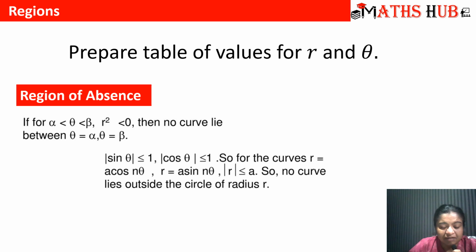Because whenever we have r equal to a cos n theta, if I take mod on both sides, cos n theta is obviously less than 1, so r will be less than or equal to a. So that means no curve will lie outside the circle of radius a, right? So this is another important point that we need to take care of, right?